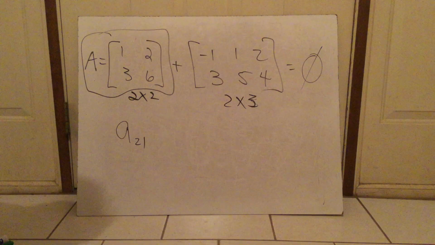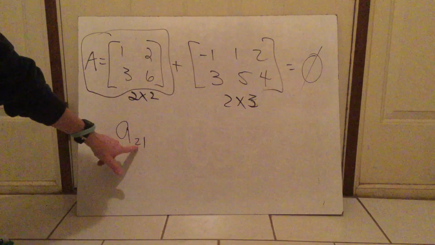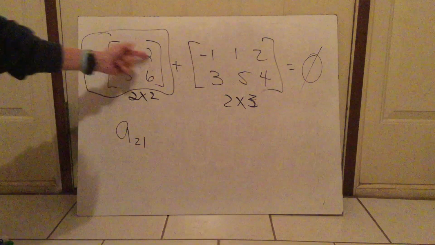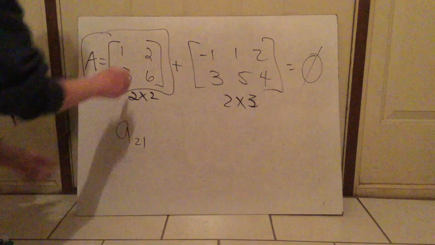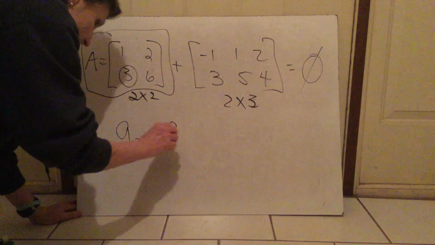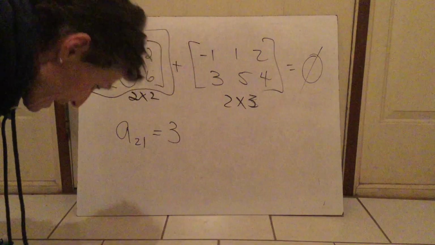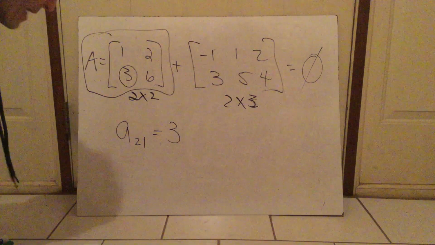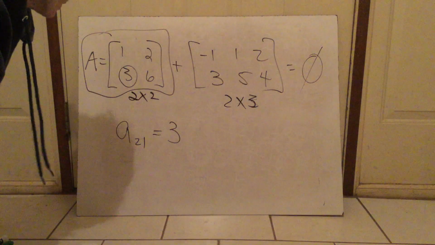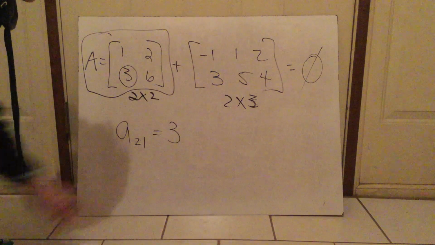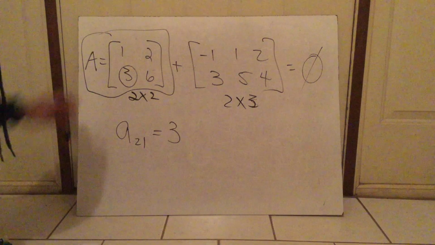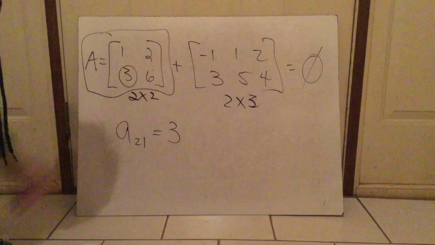RC, row column. So second row, first column, that number is a 3. That is the number in matrix A that is in row 2, column 1.